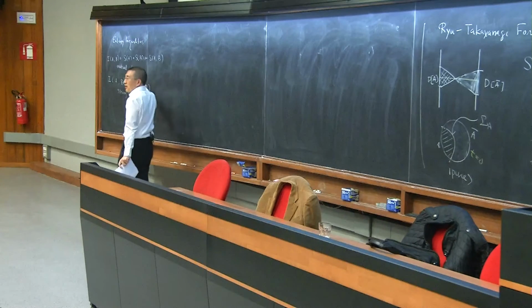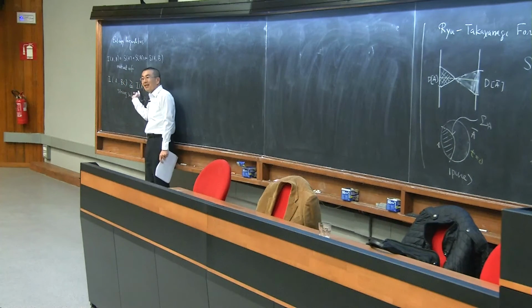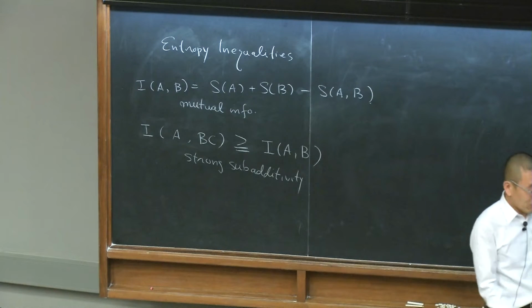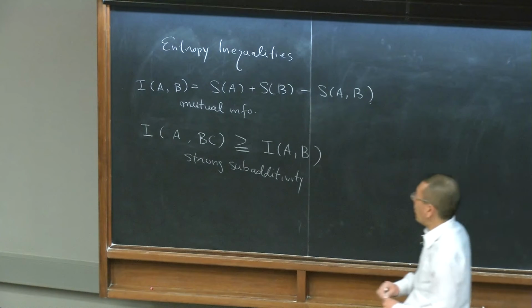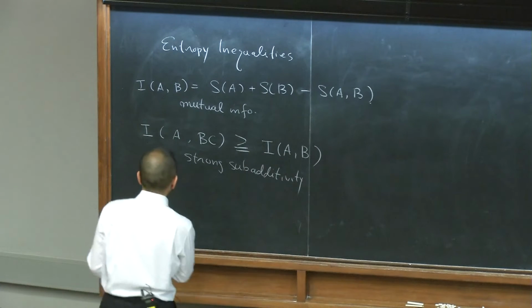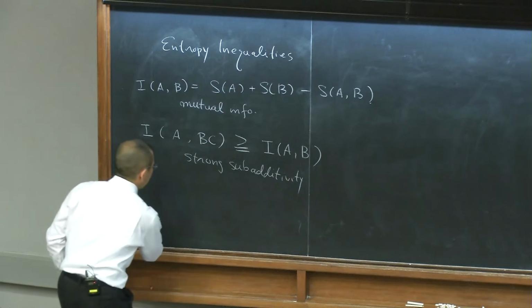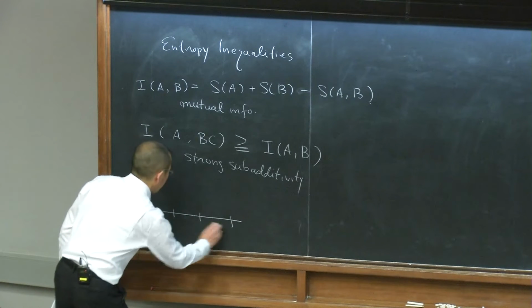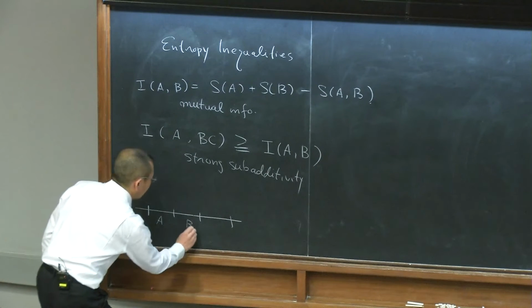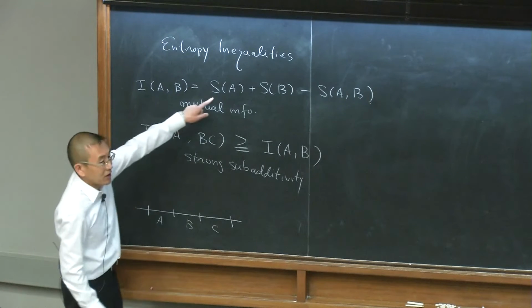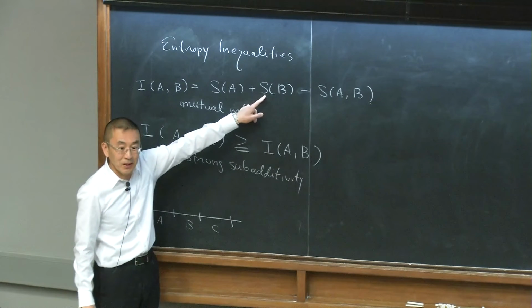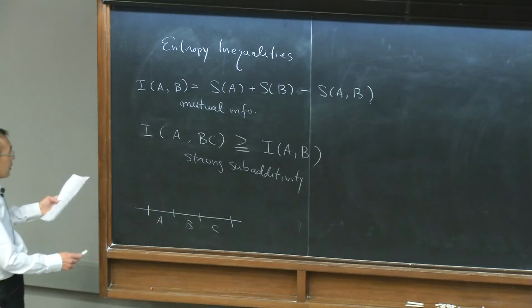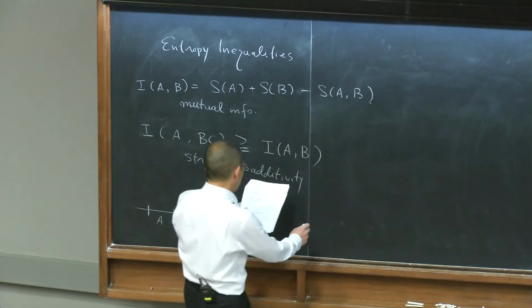And as Nima was showing, deriving this in a general quantum system is very hard. But deriving this for a Ryu-Takayanagi surface is actually relatively simple. So let me just explain that in one line. Suppose you have regions A, B, C, and suppose these are the entanglement entropies for A, B, C, etc. So what does strong subadditivity say?